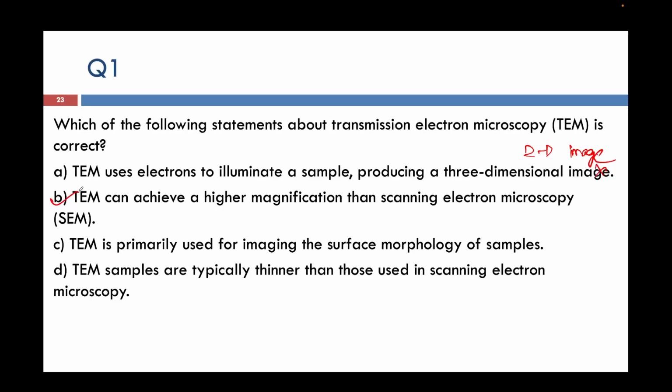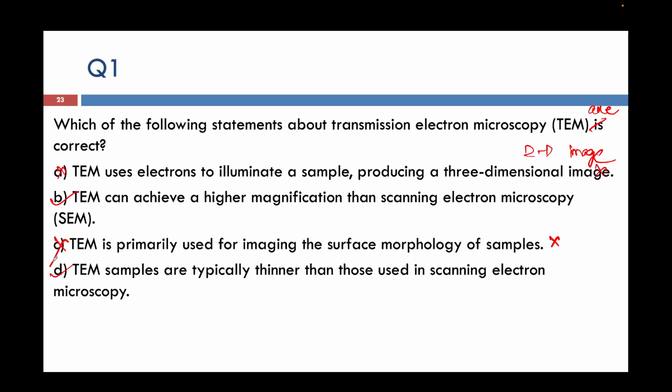TEM is primarily used for imaging the surface morphology of the sample. No, it can collect information from beneath the surface of the samples. Then TEM samples are typically thinner than those used in scanning electron microscopy. Yes, this is also a correct answer. So these two are the correct options, and these two are not correct options.